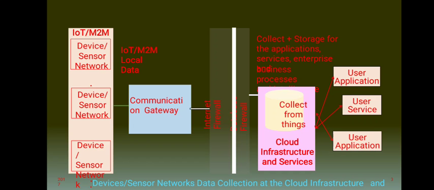From the communication gateway, by establishing a connection to the internet using IPv4 or IPv6, the data is transferred to the internet. The IoT devices data, which is context data, is stored in a database. That means a database or a warehouse or whatever it may be, it's a cloud.